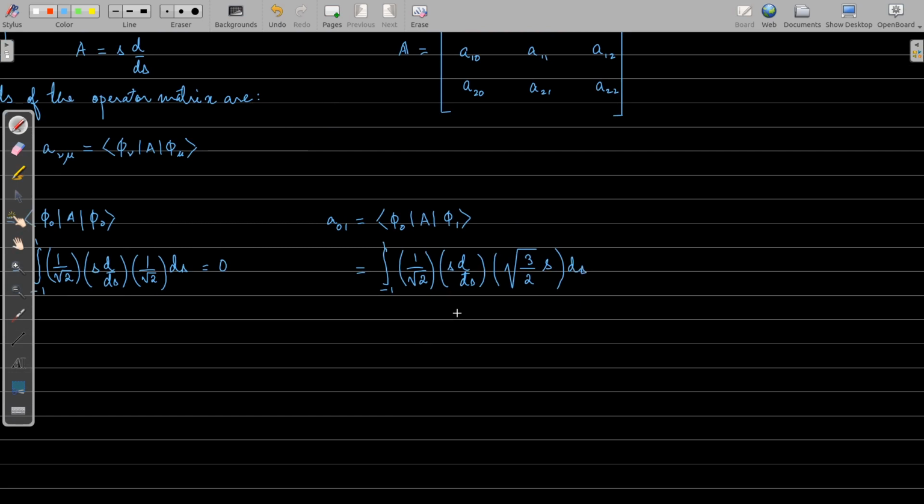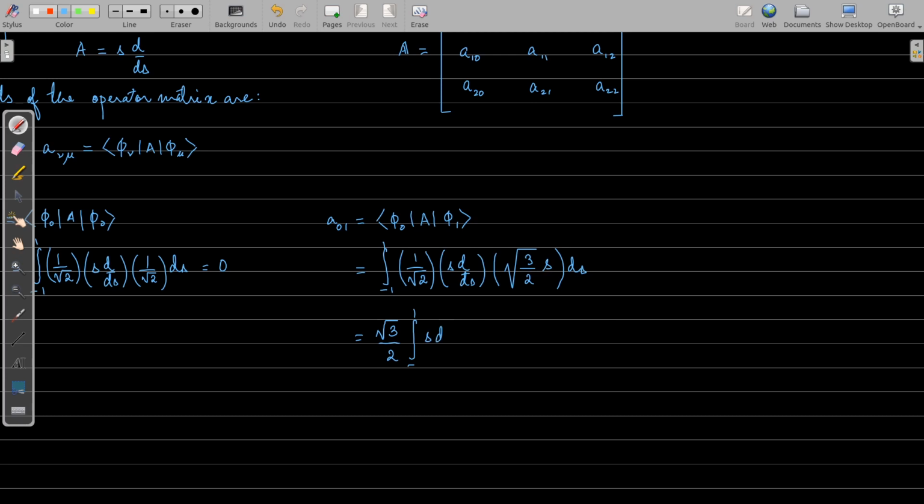ds. So as a result of this, we'll get root 3 by 2 outside, because this root 2 and this root 2 are going to give us 2. So we'll get outside root over 3 divided by 2, then integration from -1 to +1, and what is left behind is d by ds operating on s, which is going to give us 1.